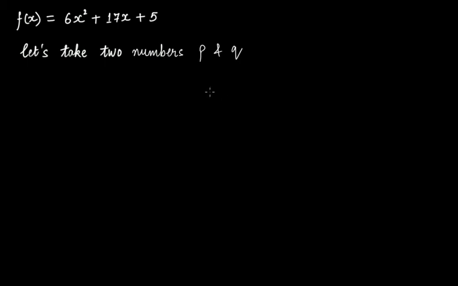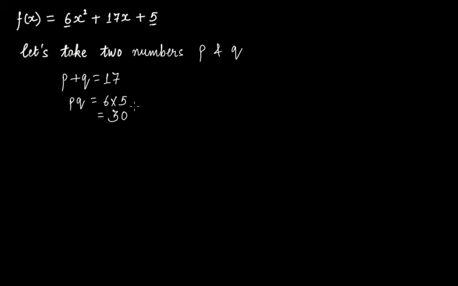Now we know that p plus q has to be equal to 17, and pq has to be equal to 5 multiplied by 6, or 6 multiplied by 5, that is a multiplied by c. This is a, this is c. That is 6 multiplied by 5, that is 30.